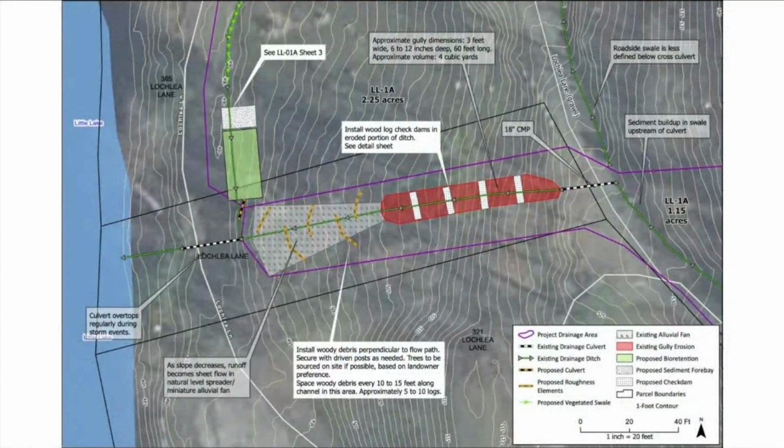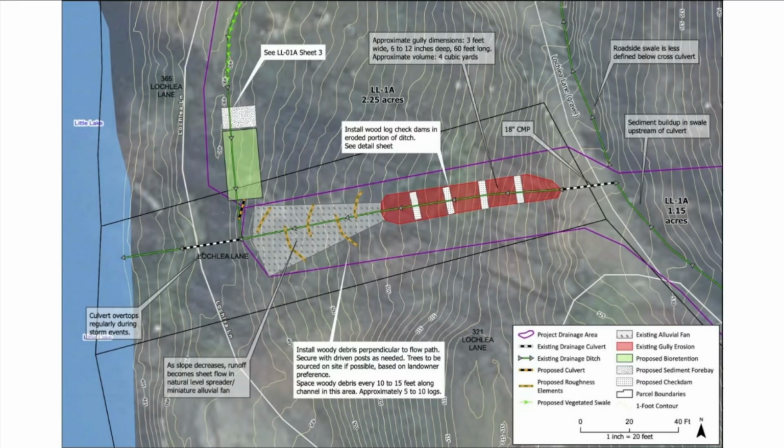Some of it shoots through the woods. In the woods, this design shows getting some wood check dams in that ditch, the picture of the ditch I just showed. And the reason for that, instead of stone, is that getting a machine in here and trying to place stone would cause a lot of disruption on a steep slope. There's a lot of nice trees in there. So we have designed and overseen installation of these wood check dams.